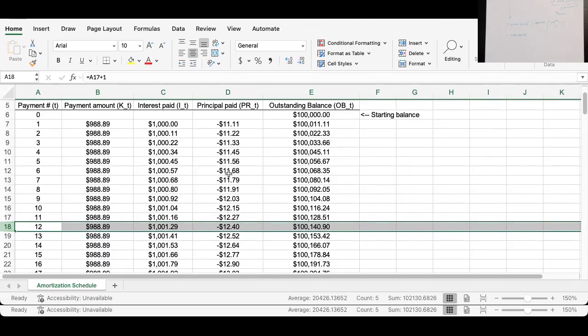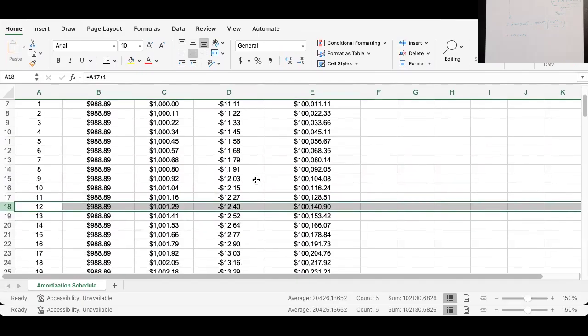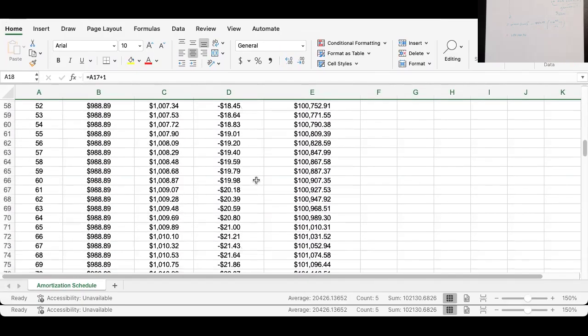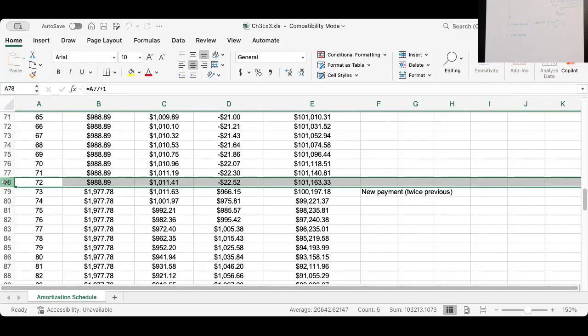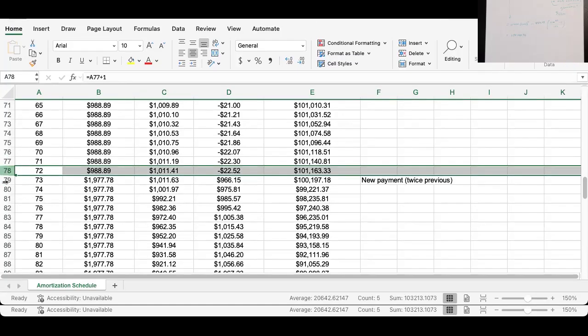We were going to double the payment after 6 years. I don't actually start making a dent in principal until I double the payment. So on payment 73, when I go from 988.89 to 1977.78, that's when I start to actually decrease my balance. I'm charging interest to float this loan for 6 years with that slightly lower payment.